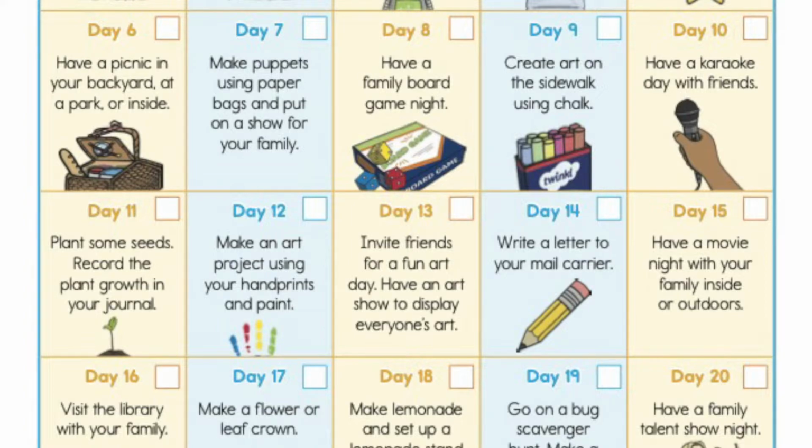Send some to your mail carrier. Can you imagine if you were the mail person and you got a letter from somebody? That would be awesome. And number 15, have a movie night with your family inside or outdoors. You could put up a white sheet and have that.